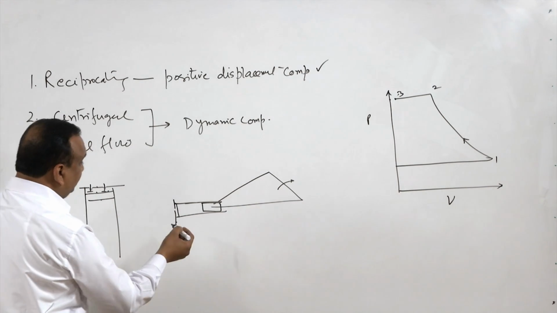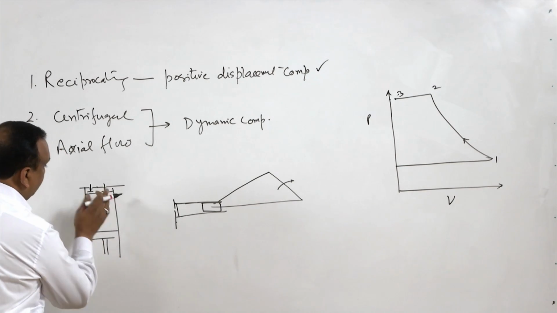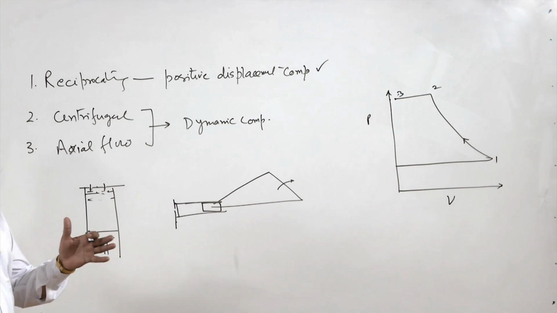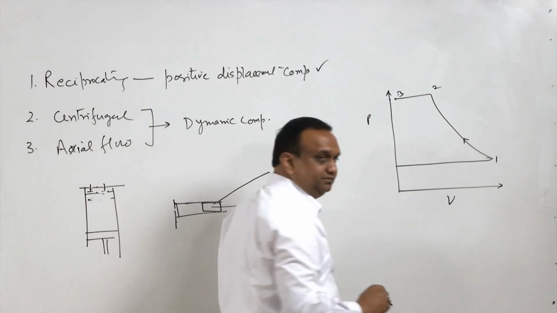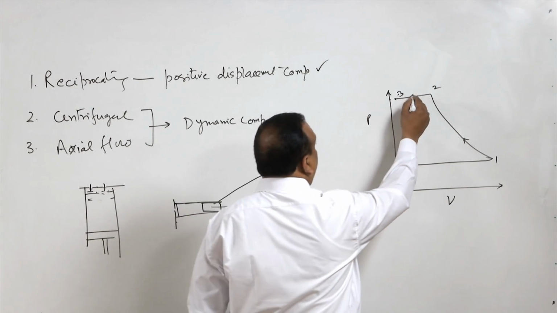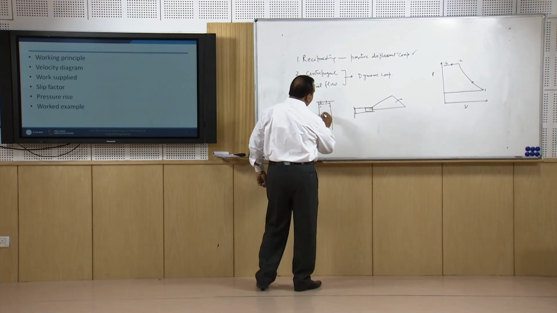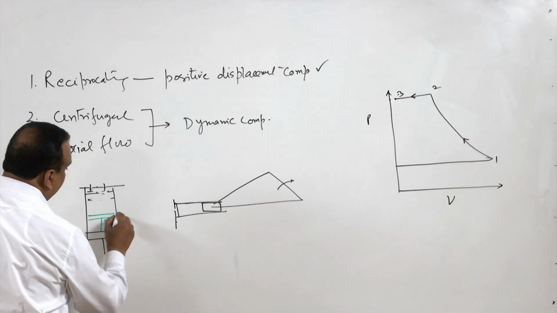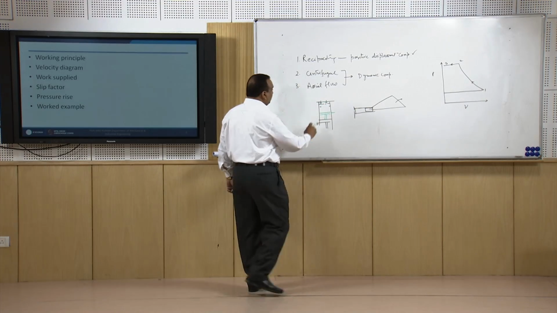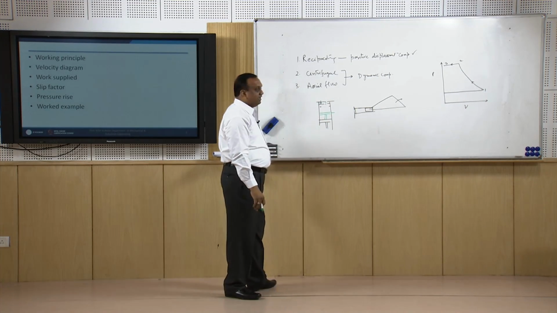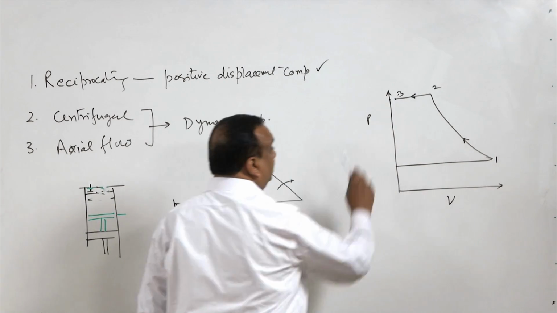So, the process starts like this. The piston starts moving in upward direction. Both the valves are closed. So, it is a closed system. So, process 1 to 2 takes place in a closed system. Now, process 2 to 3, when the piston has traveled a certain distance, one of the exhaust valves will open, and the gas will be released from the cylinder.